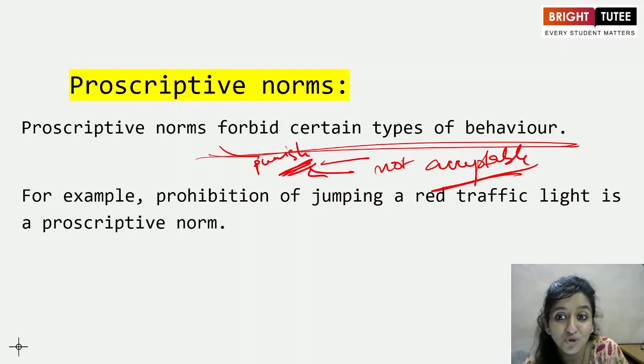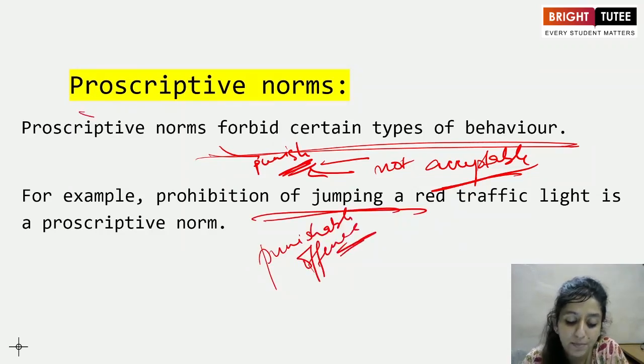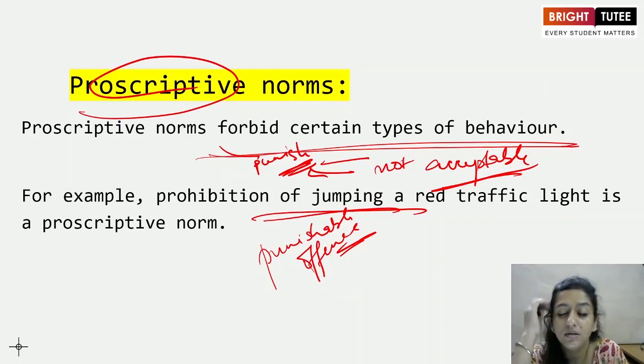But if you choose to, or even by mistake you jump the red light, it comes under a punishable offense and becomes a part of the proscriptive norm. So these are the two types of norms under one description.